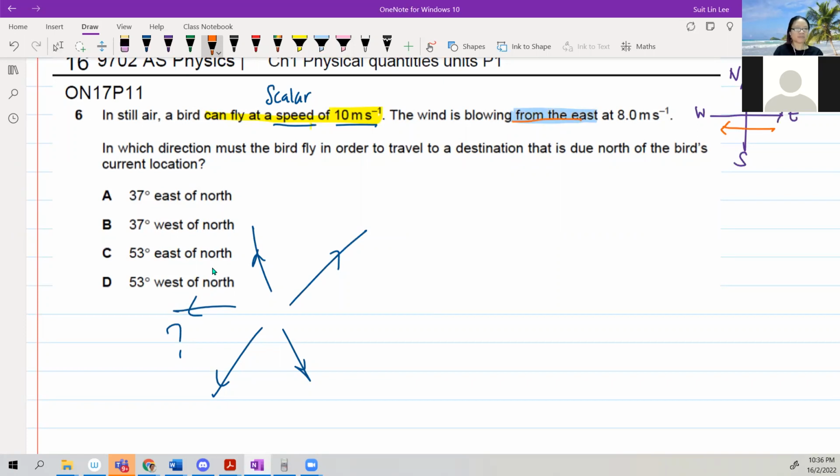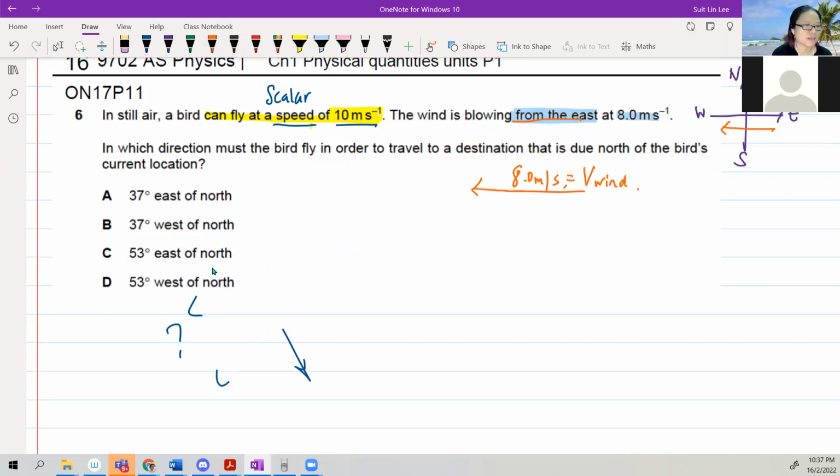So I have a 10 meters per second arrow that I don't know points to which direction, but I also have an 8 meters per second arrow that is pointing from the east, or in this case towards the west. So the wind is blowing in this direction. Don't know where the 10 is.